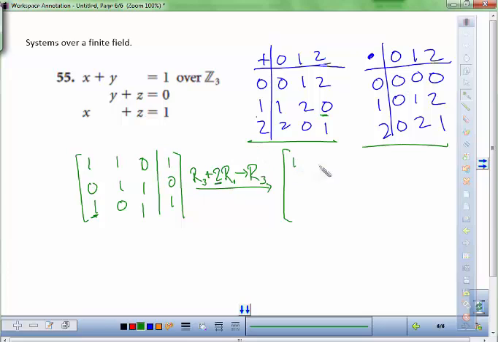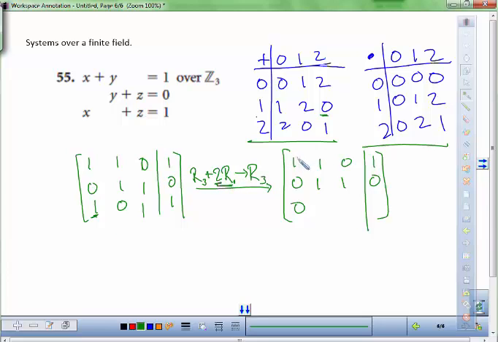All right, so I'm not going to change the 1st row. I'm not going to change the 2nd row. I'm focused on the 3rd row, and you have to be careful again. So 2 times 1 is 2. 2 plus 1 is 0. So 2 times the 1st row, right?